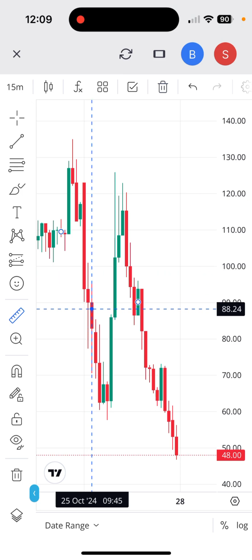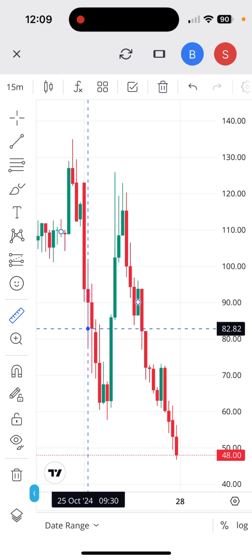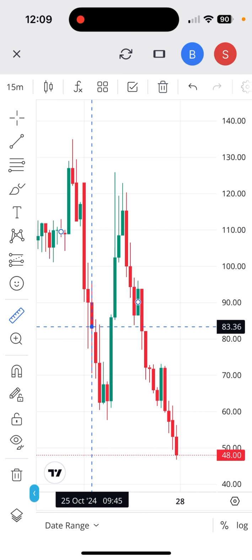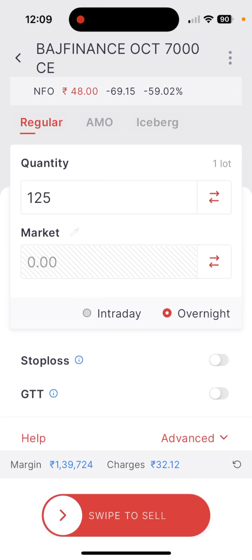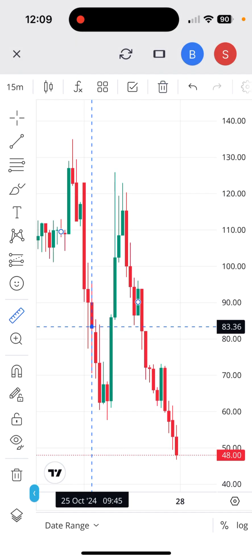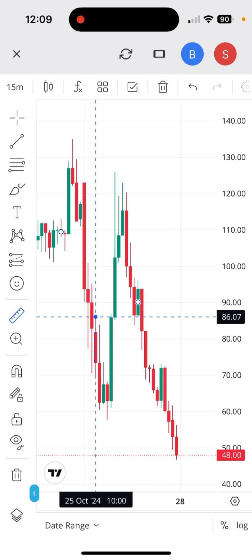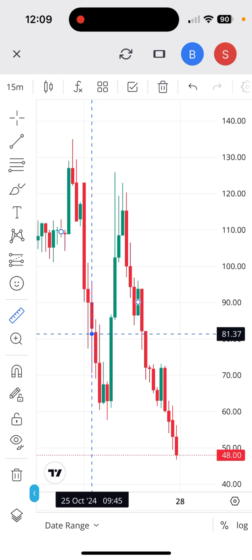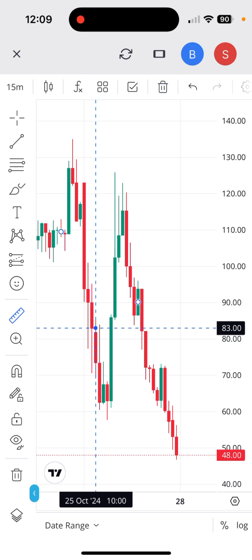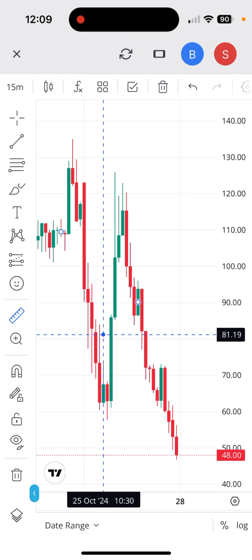At 9:45 here, if I would have sold even at the lower point, 83, then see the lot size, 125. 125 is the lot size. So for 1 point, you get 125 rupees. So if you would have sold it at, say, 83 or 84, because the next candle's high is also 83. Okay, let's say it is 80.